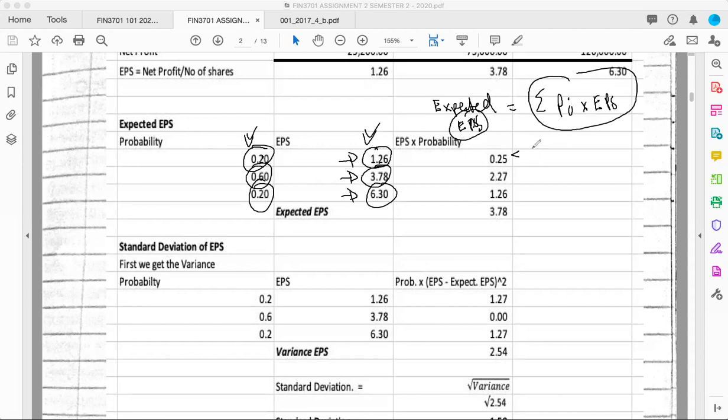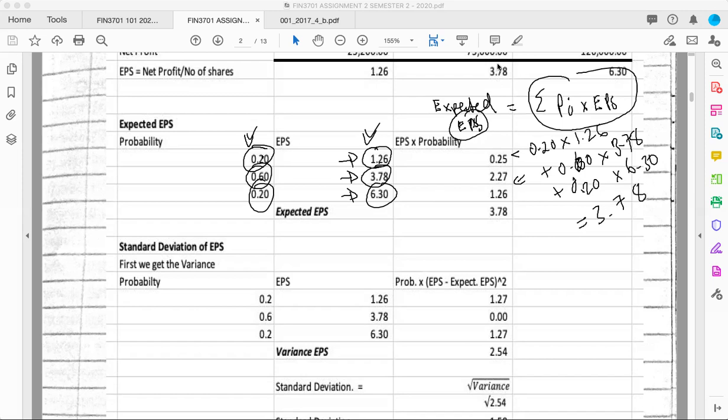So how do we do this? We say 0.20 multiplied by 1.26 plus 0.60 multiplied by 3.78 plus 0.20 multiplied by 6.30, and then we get 3.78.